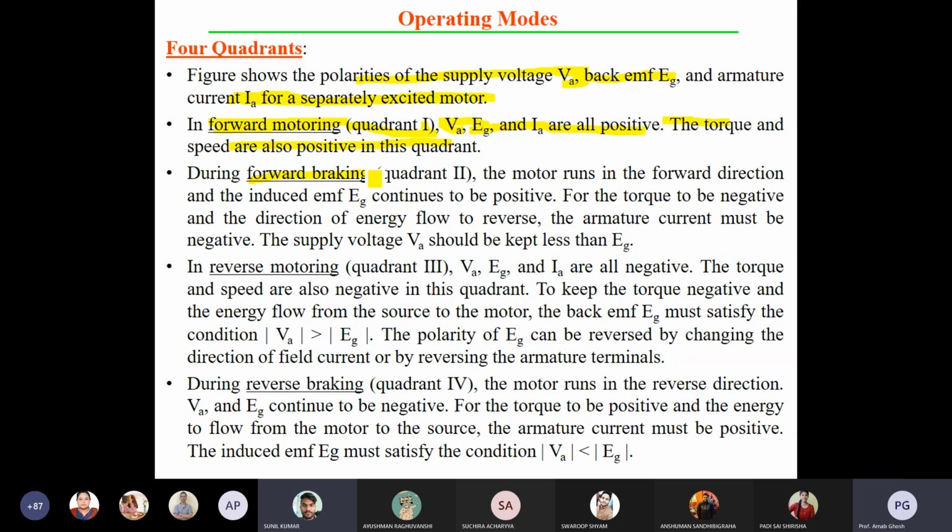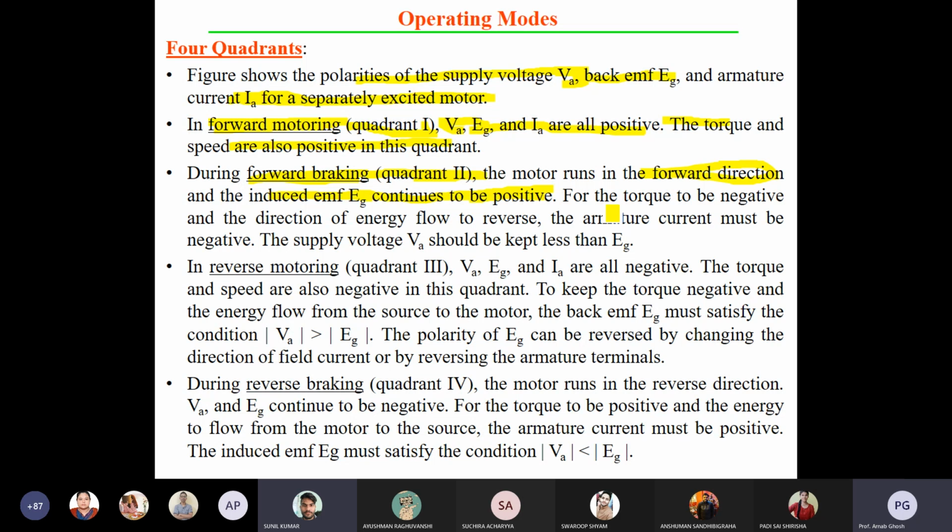During forward braking, meaning quadrant 2, it is actually regenerative braking. The motor runs in the forward direction and the induced EMF EG continues to be positive. EG is more than VA.